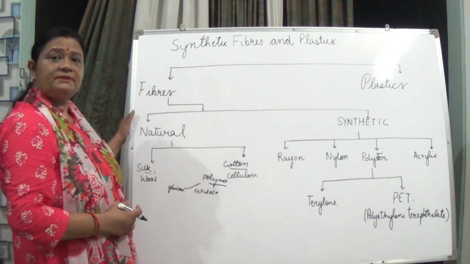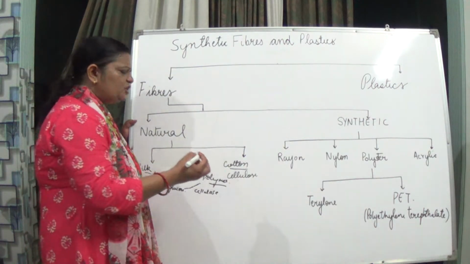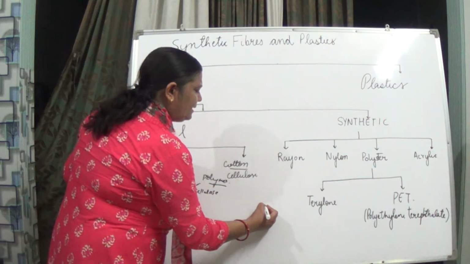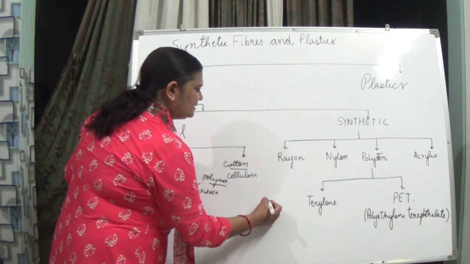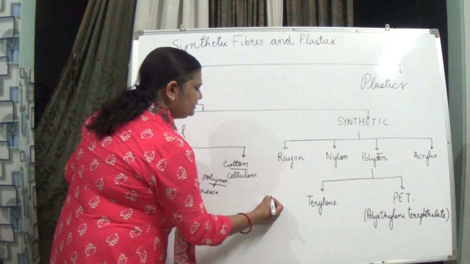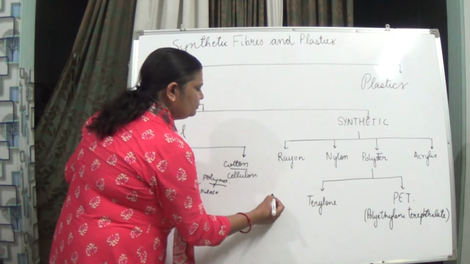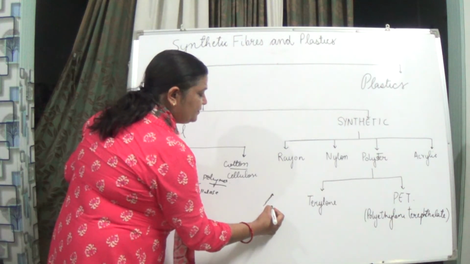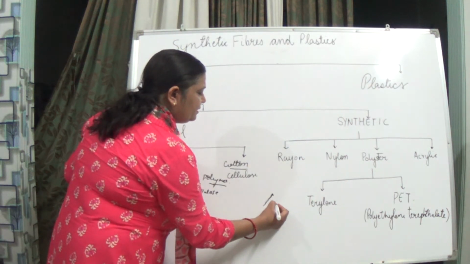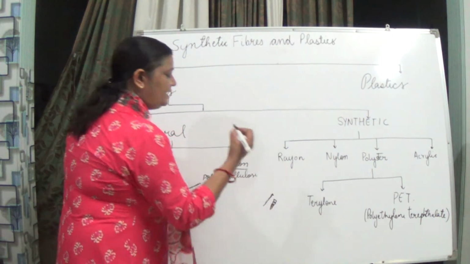Synthetic fibers, when we are saying, are just small units of chemicals, just like the beads in a necklace kept together to form long chains, like paper clips also you can say. When they are joined together, they form long chains.